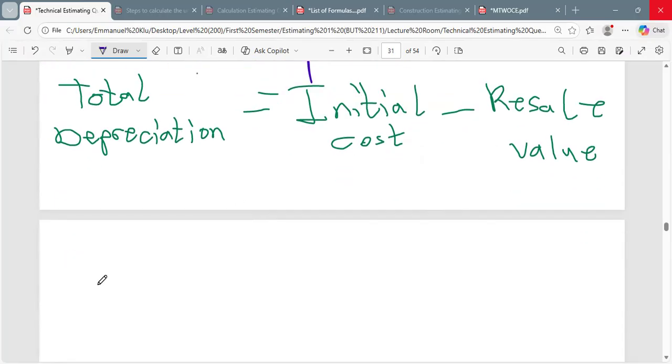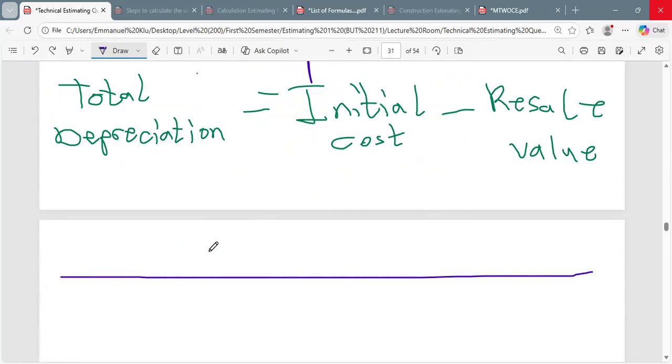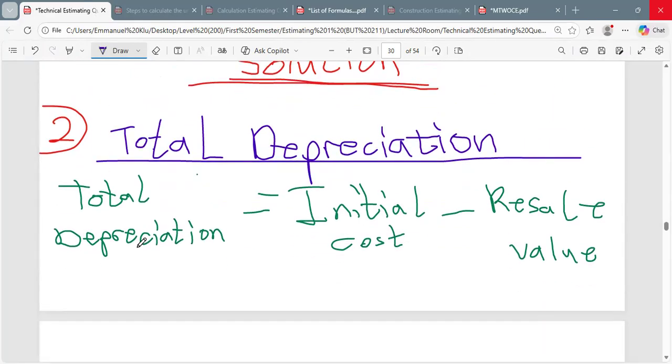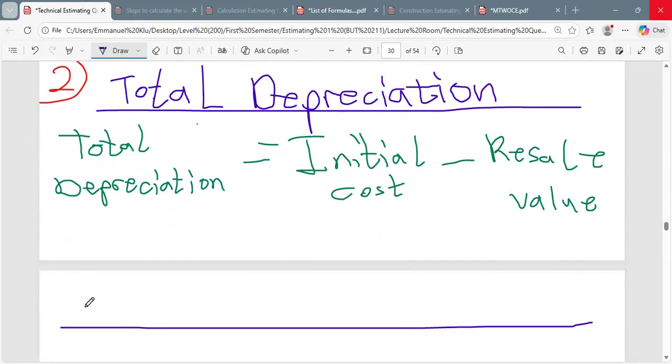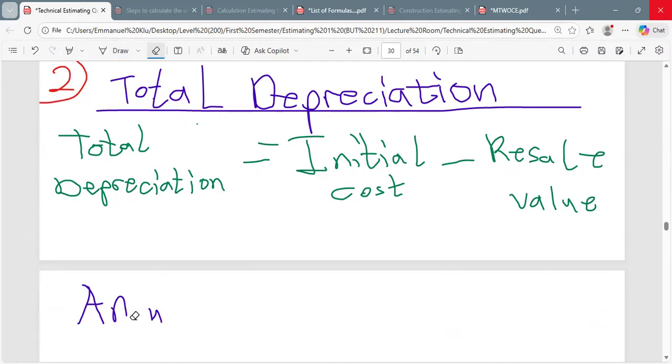So that's the total depreciation we are done with. So after the total depreciation, we have to come and calculate the annual depreciation. But we are not done yet with the total depreciation. When we are done, we'll come to that.